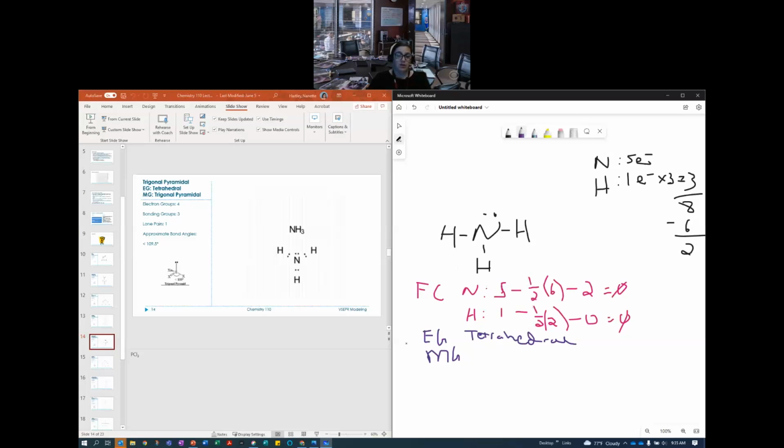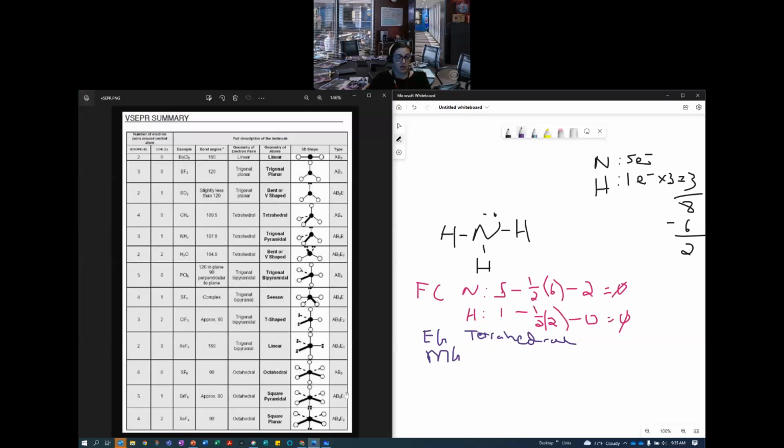But my molecular geometry has now changed. And so if we look with 3 bonding pairs and 1 non-bonding pair, my example is NH3, my electron pair geometry is tetrahedral, as I stated, and it's now listed as trigonal pyramidal.